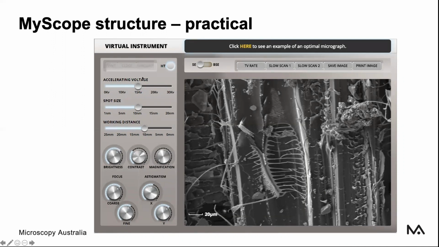We've got our accelerating voltage, the beam on, the spot size, working distance. We've got brightness, contrast, and magnification dials here. Coarse and fine focus, and X and Y astigmatism, and then your scanning rates along the top. There's also options to save the image and print the image, which can be really useful in other situations, which I'll come to in a bit.